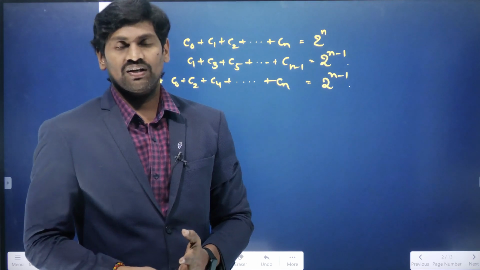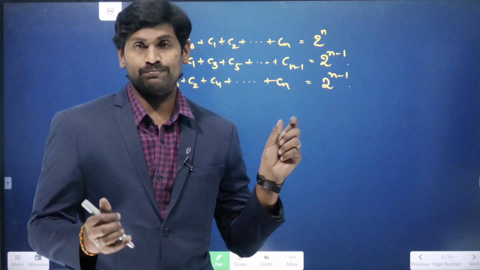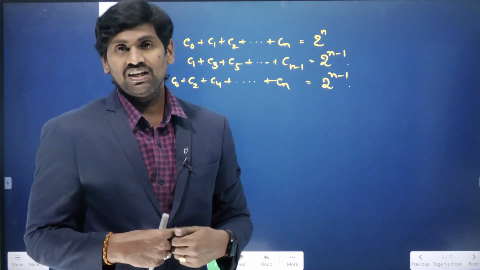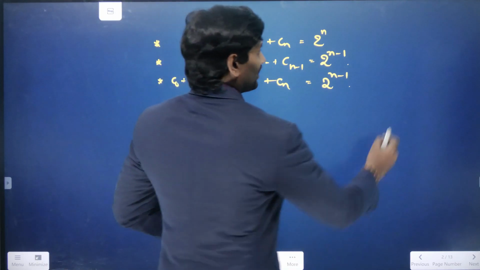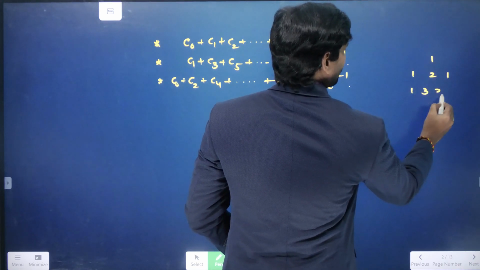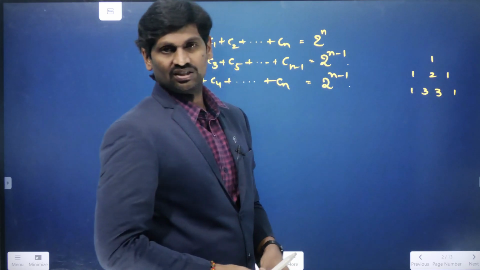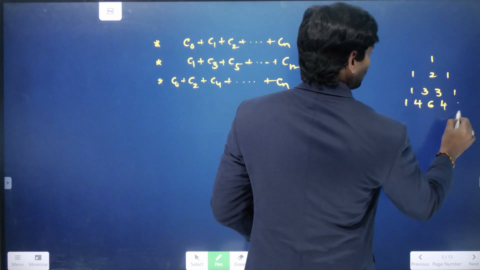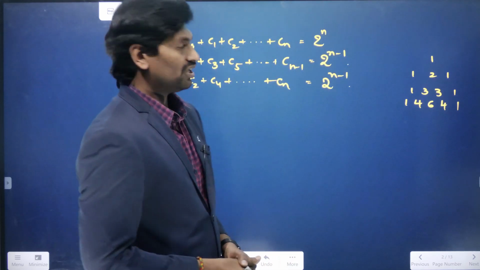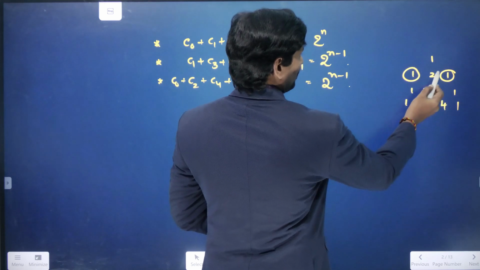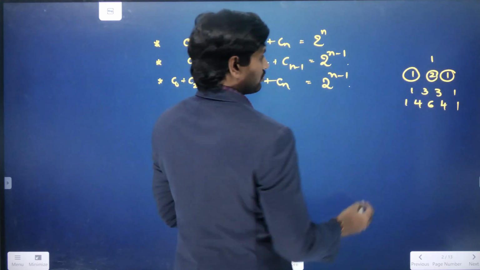Right, because while we were discussing Pascal's triangle, the same numbers repeat: 1, 1, then 1, 2, 1, then 1, 3, 3, 1, or 1, 4, 6, 4, 1. For example, for the odd terms, first term and last term, 1 plus 1 is 2, and the even coefficient is 2.